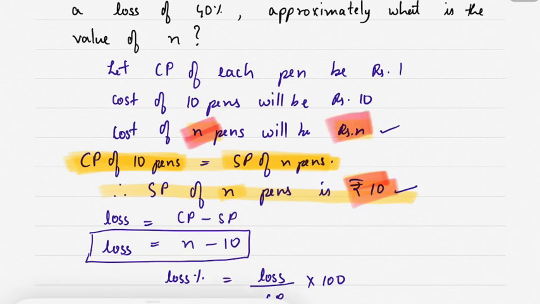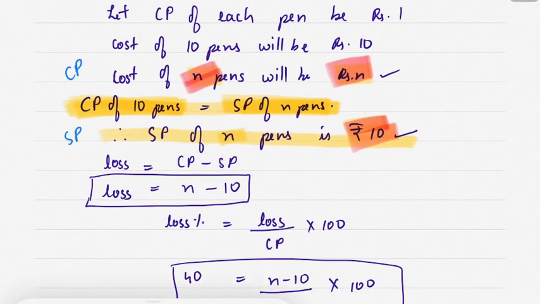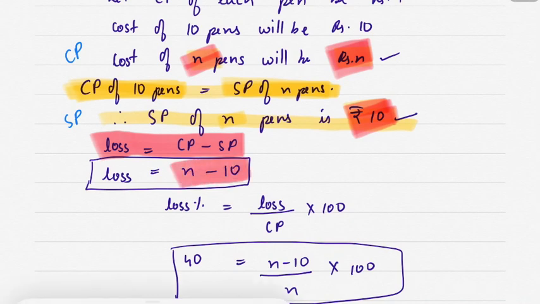Okay, and you know loss percentage is 40%. That means there is a loss. So loss is equal to cost price minus selling price. Cost price is n and selling price is 10. So loss will be n minus 10.